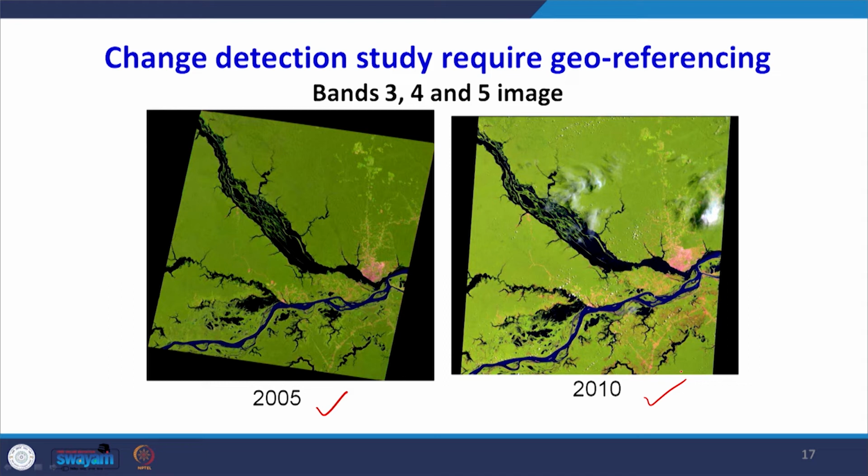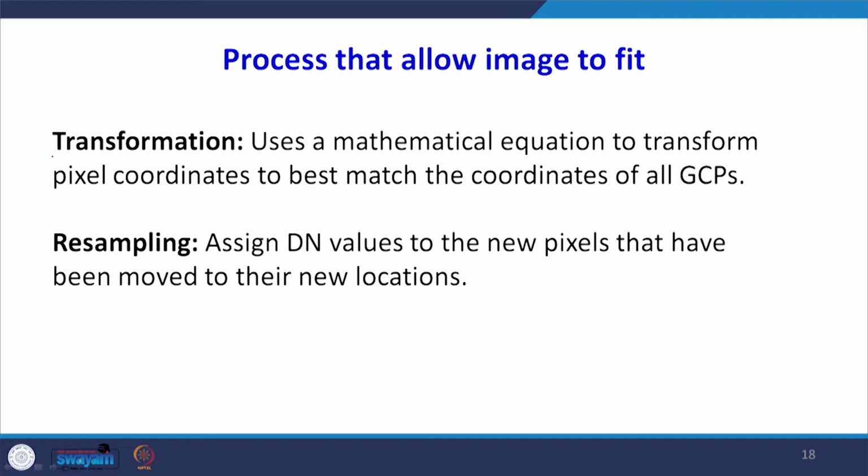So when we do that using the procedure which I have explained, you can now do the transformation part and the resampling part. We select a mathematical equation once we have selected the control points, and afterwards we do the resampling process, which you will learn in the next lecture.